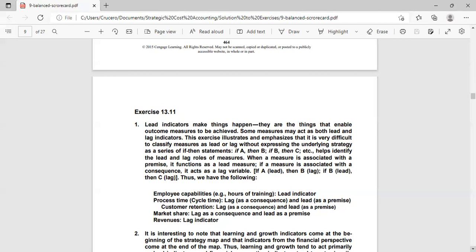Employee capabilities, such as hours of training, are a lead indicator.